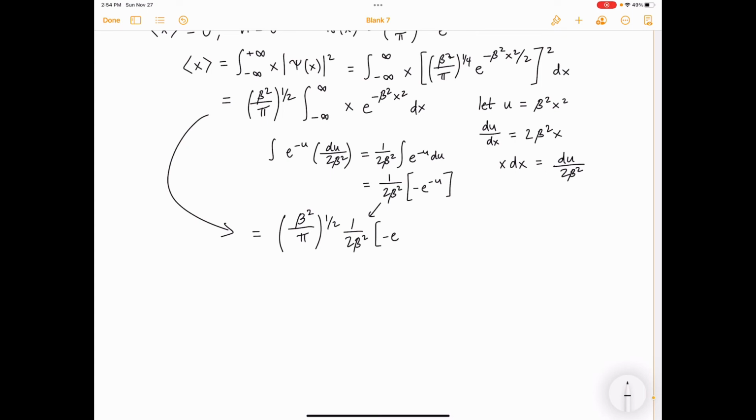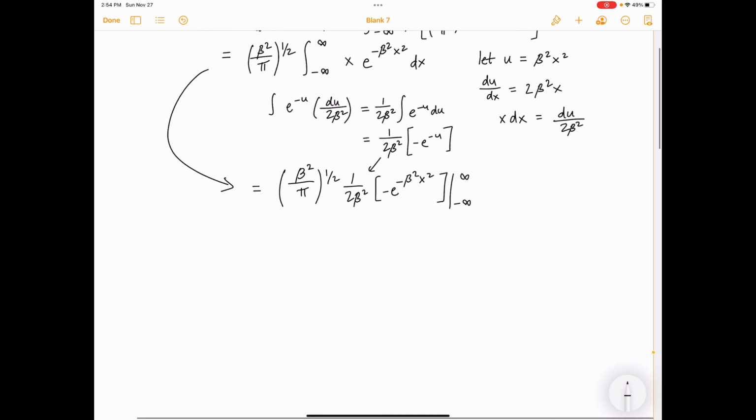But I'm just going to put back that u is equal to beta squared x squared. So I'm just going to re-substitute x as our variable, like this. All right, so then we're going from what limits? Minus infinity to infinity in terms of x. Those are the limits. And so what do we have?